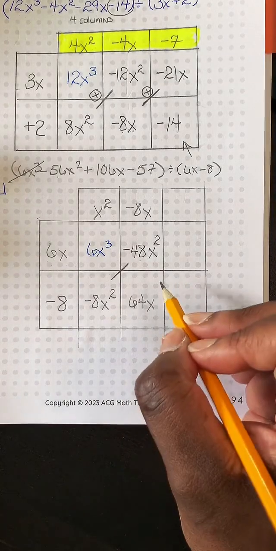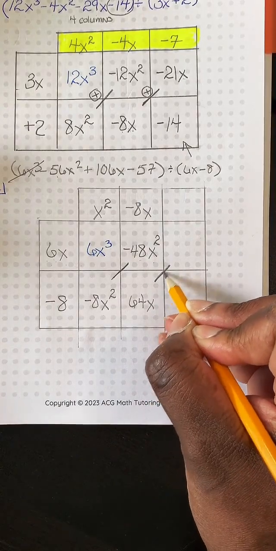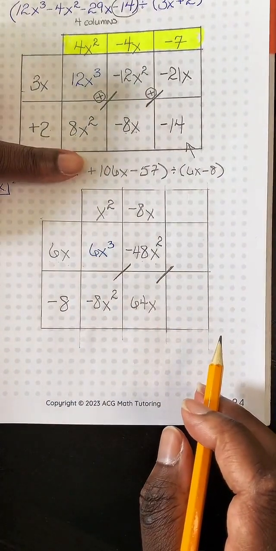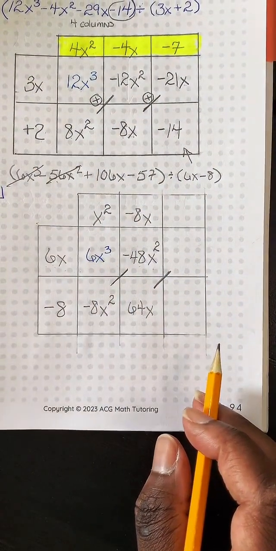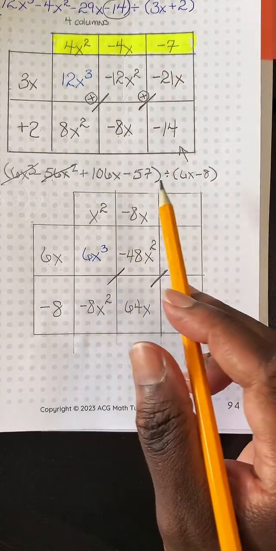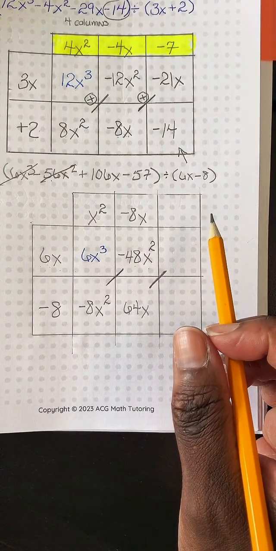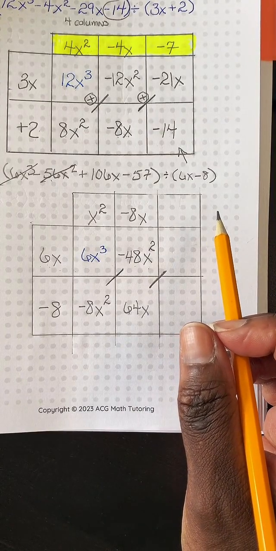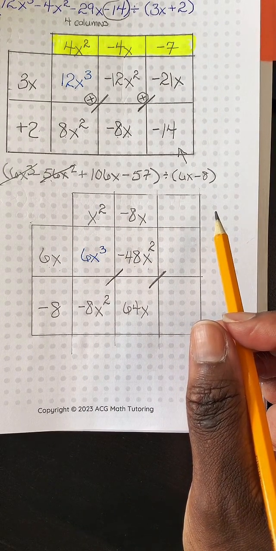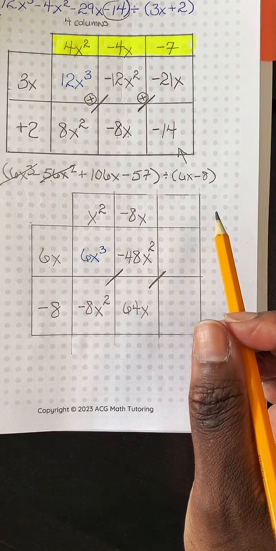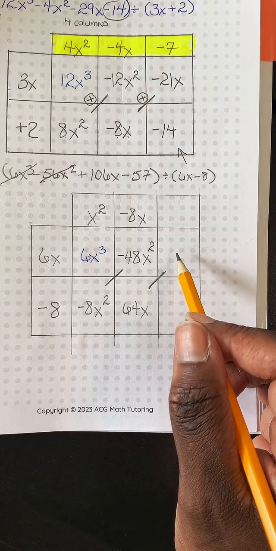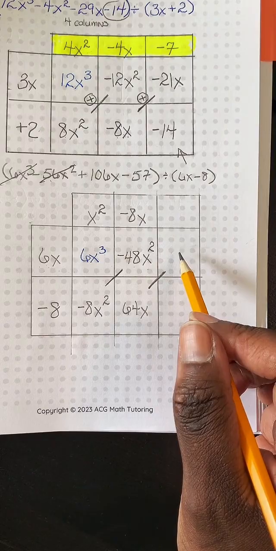Okay. So now we're done with the x squareds. Now we're working on the x's. What plus 64 will give me 106? Negative 42?